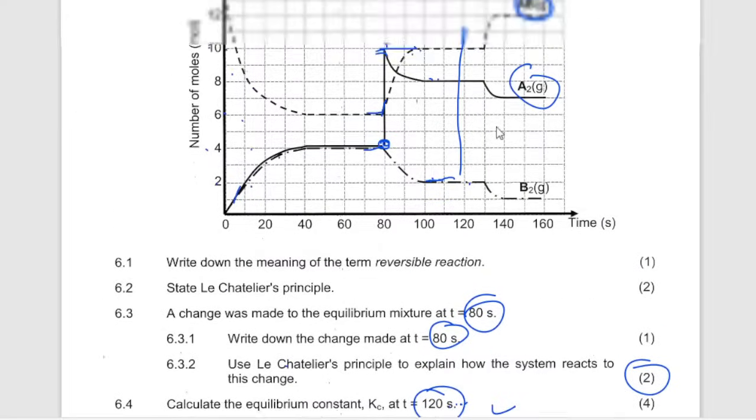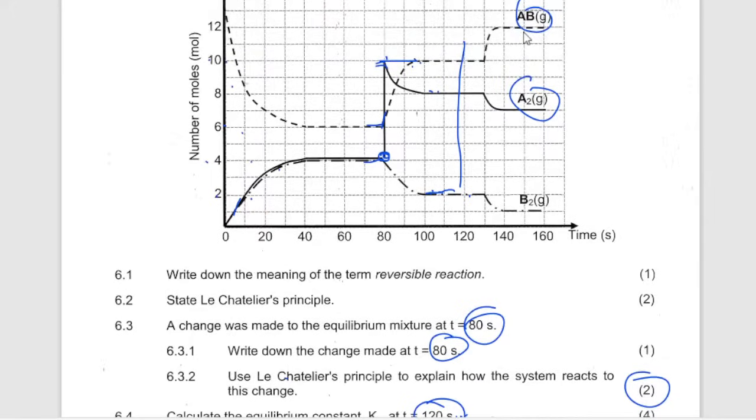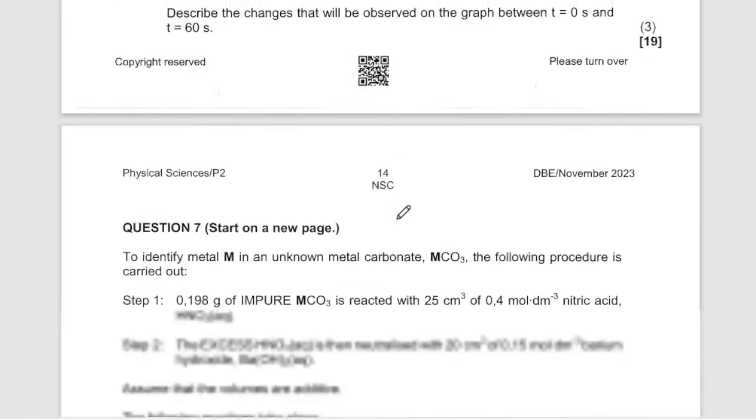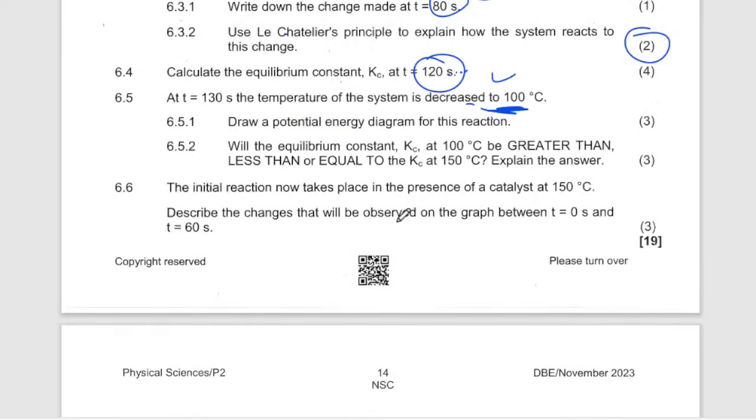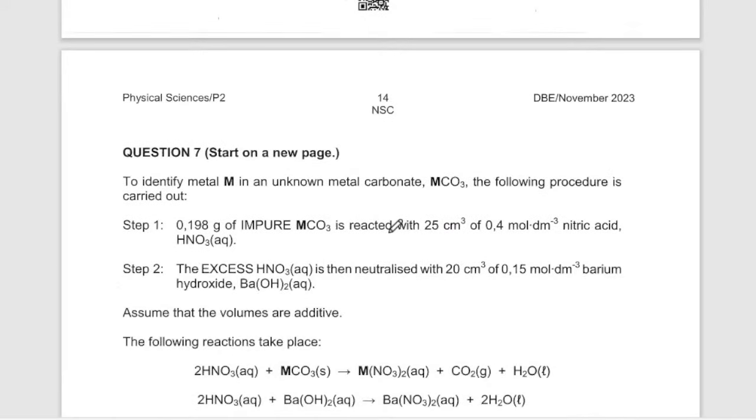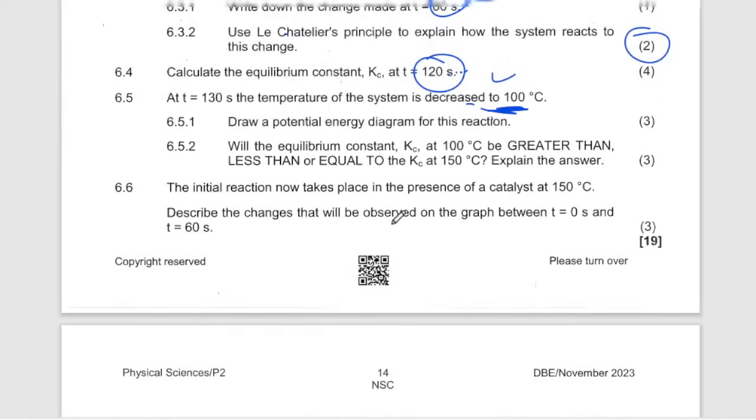When it decreased, what happened? The reaction increased. So it means that this reaction is exothermic. Yes, it's exothermic. So we see the temperature decreased, which means that the reaction is exothermic.